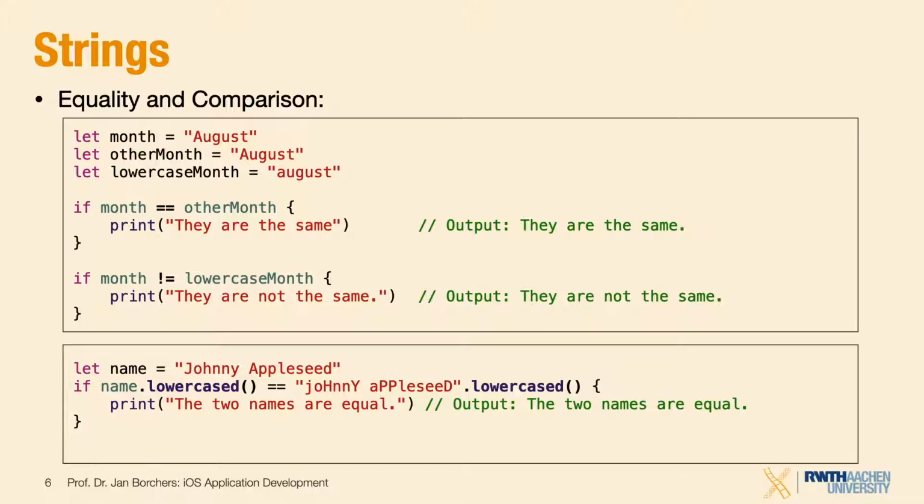We turn Johnny Appleseed as the name into lowercase, and we do that comparing this to this, also lowercase, and of course those two are equivalent. Here you can see we're also not just using properties on strings, we're also using methods, right? So lowercased parentheses indicates that we're calling a method on strings. So strings appear to be quite a powerful data type. And as I said, they are a type of collection.